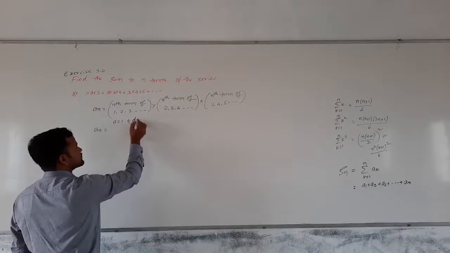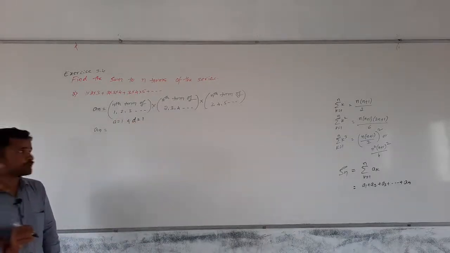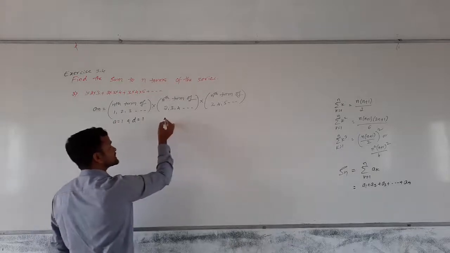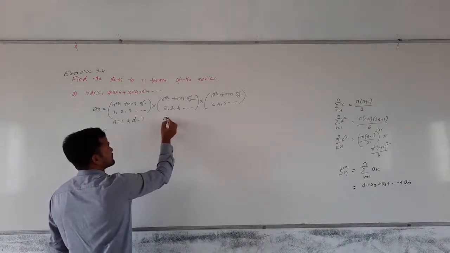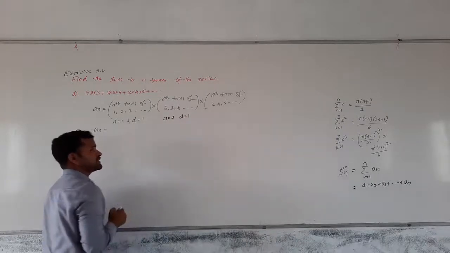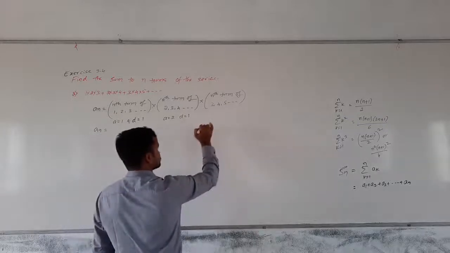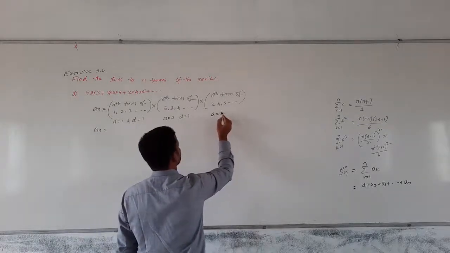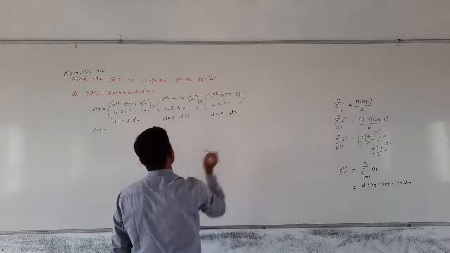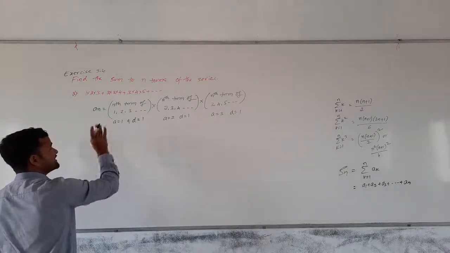And what about the common difference? The common difference is a2 minus a1, that is nothing but 1. And in the second sequence, the first term a is equal to 2, and the common difference d is 3 minus 2, again 1 only. What about this one? The first term a is equal to 3 and the common difference is 1. Here what am I finding? I am finding the nth term.